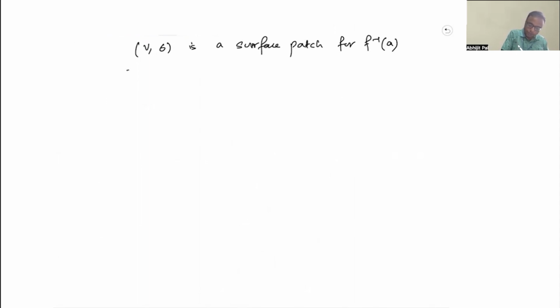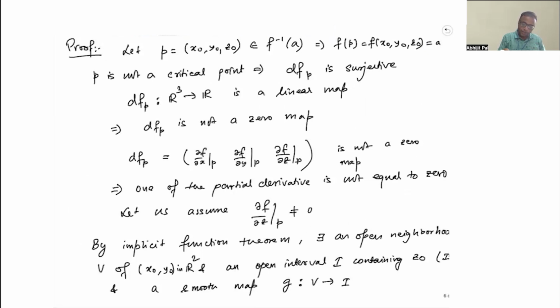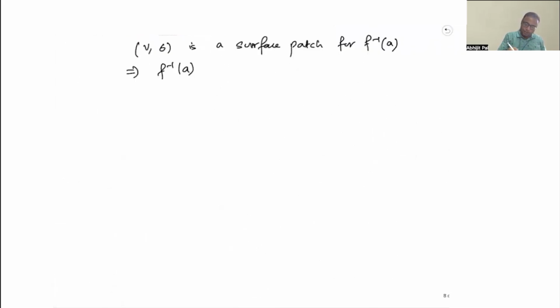So this shows that f inverse a, we have taken an arbitrary point P in f inverse a, and now you can do it for every point. So therefore this f inverse a is a regular surface.